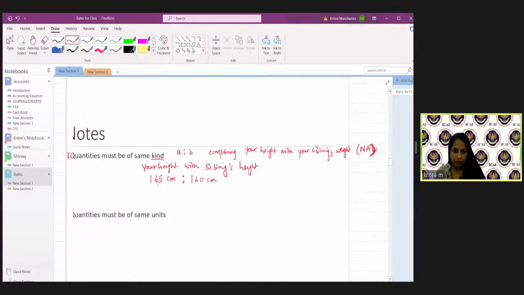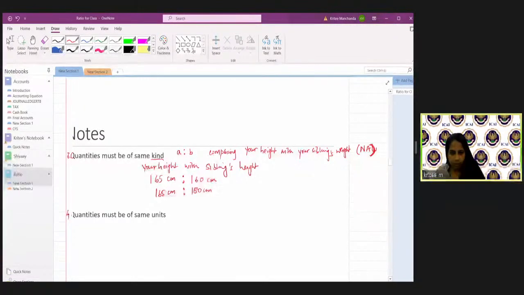I can compare and I can say, yes, I'm taller. Or maybe I have an elder brother whose height is 180 centimeter. Oh my God, he is so far taller than me. So for comparison purposes, for identifying a relationship between two quantities, they must be of the same kind.